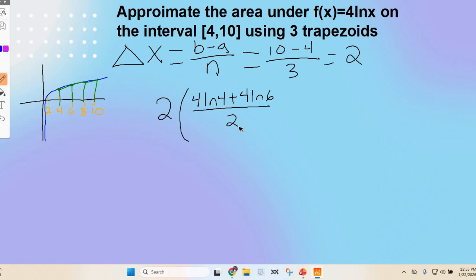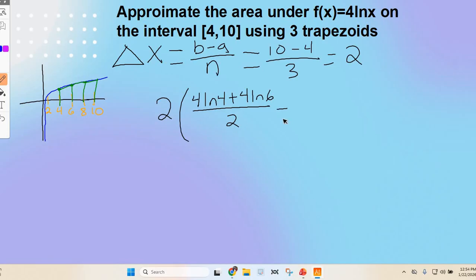And then the nice thing about trapezoid approximations is notice that the base 2 of my first interval is going to be the base 1 of my second interval, right? They're always going to overlap like that, except for your ends.